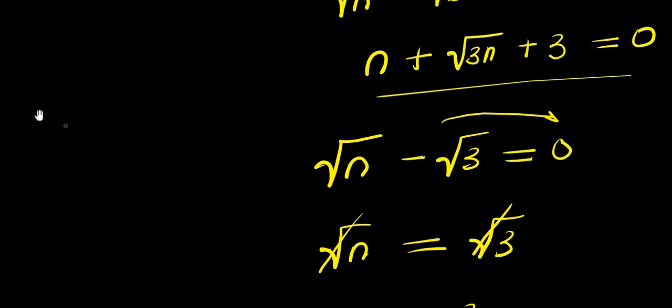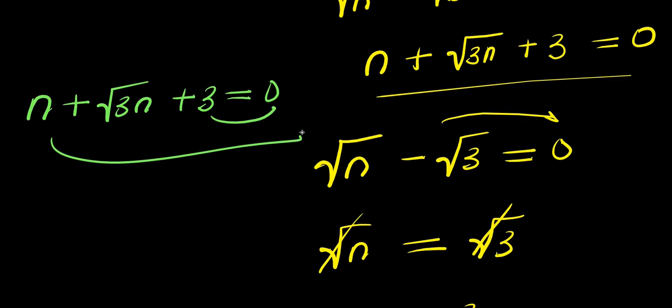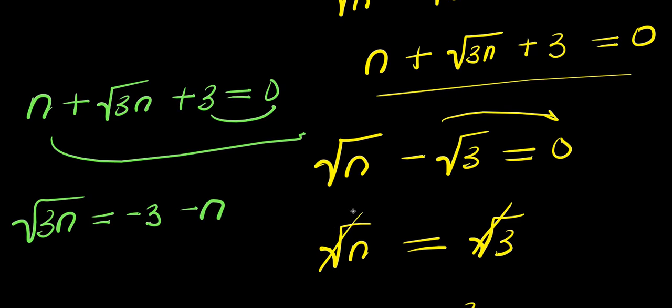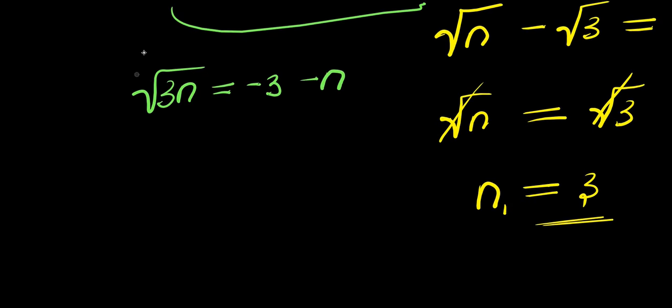So I have n plus square root of 3n plus 3 equals 0. I can move the 3 and the n across the equality sign. Square root of 3n equals negative 3 minus n. I can decide to take the squares of both sides of this equation.